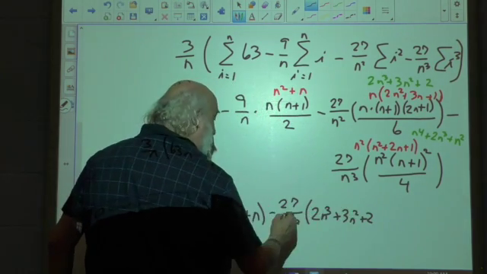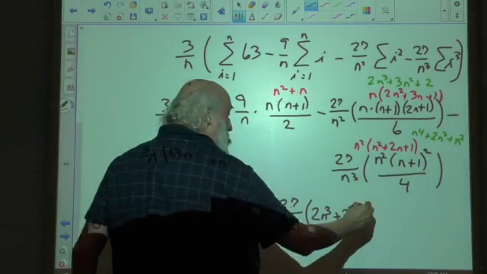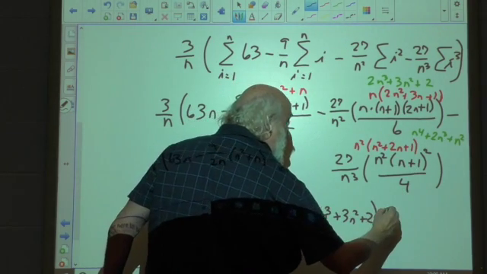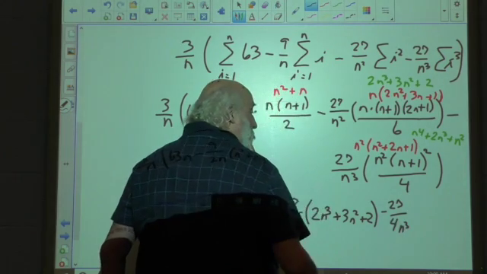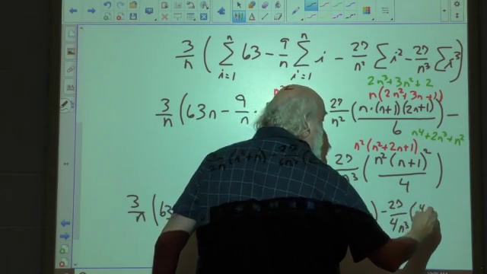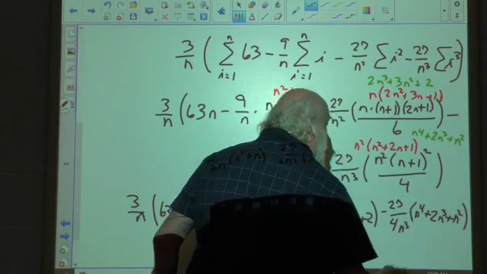And I'm going to bring that 6 over here. So that's a constant. And then I'm going to bring the 4 over here. So that's minus 27 over 4n cubed times n to the 4th plus 2n cubed plus n squared.